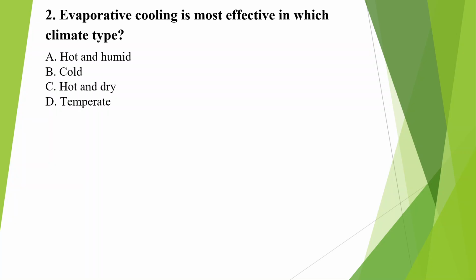This second question is from the lecture 3 series, and it is asking in which climate type evaporative cooling is most effective. So it is asking about the effectiveness, whether it will be most effective.